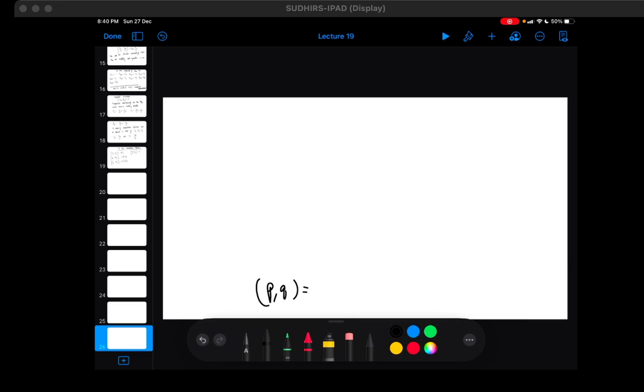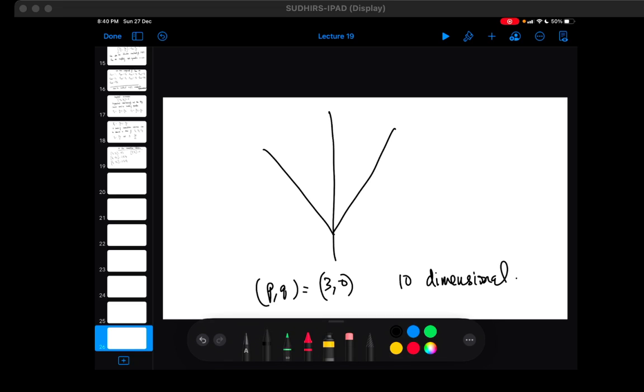Which has 3, 0, which is dimension 10. Where p takes the value 3, so this gives me the decuplet representation.